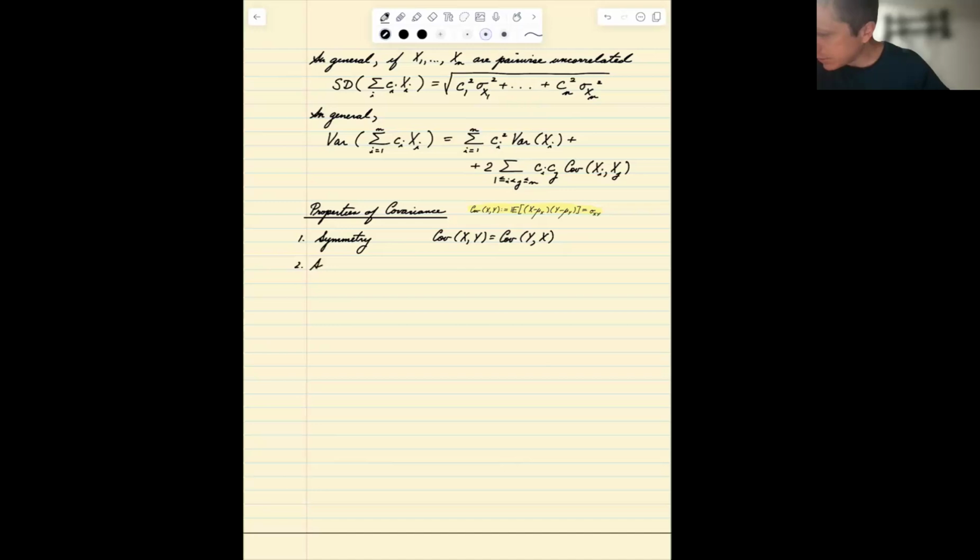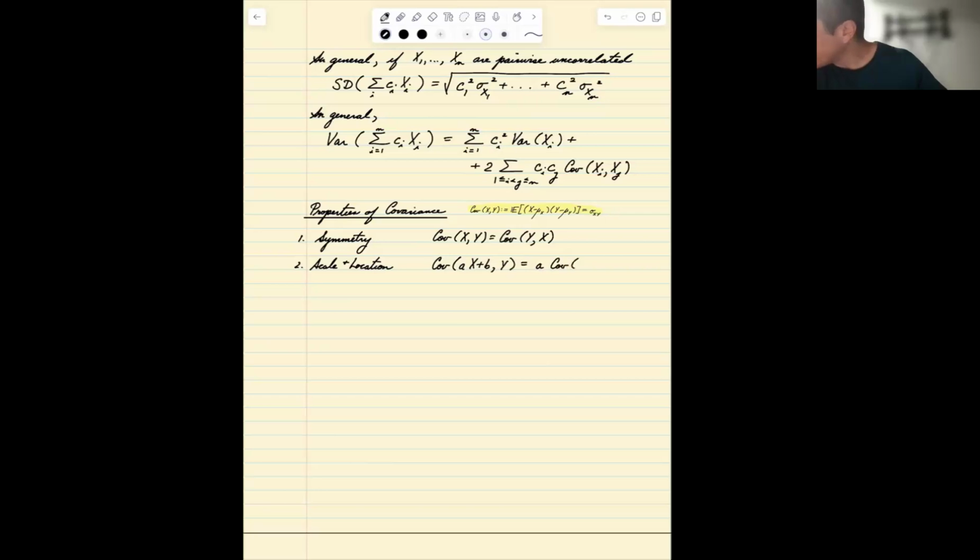Scale and location. So we saw this last time for variance. How does it work for covariance? Covariance of ax plus b with y works much the same way.